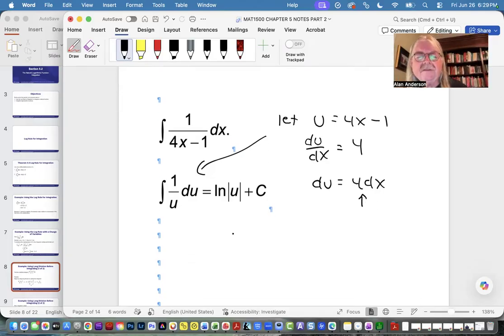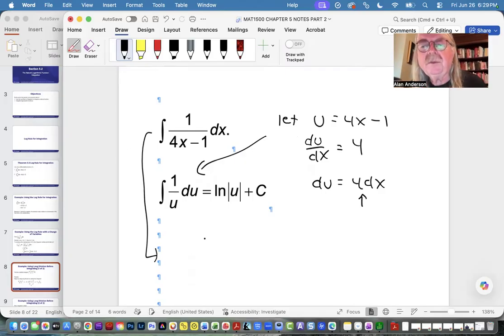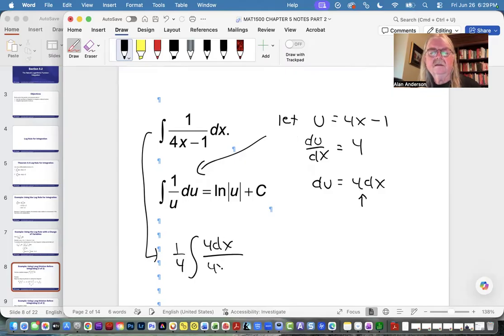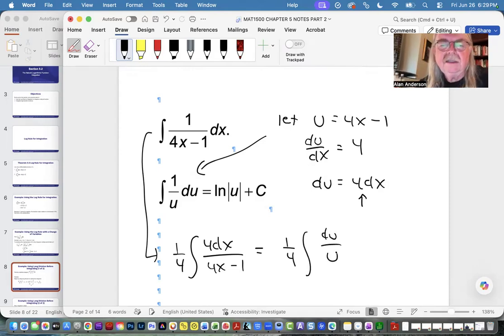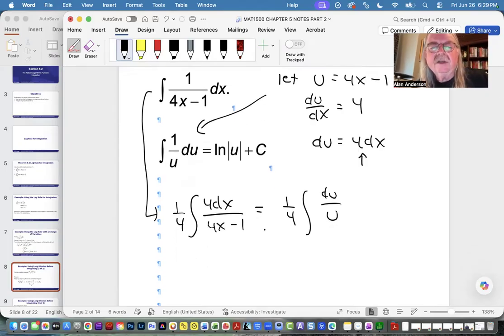What we have to do is this. I'm going to both multiply and divide by 4. So in other words, 1/4. Clearly, that's the same as the first expression because all I did was multiply and divide by 4. But then we have a much more convenient form, of course. We can think of this as du over u. And now suddenly we know what to do.